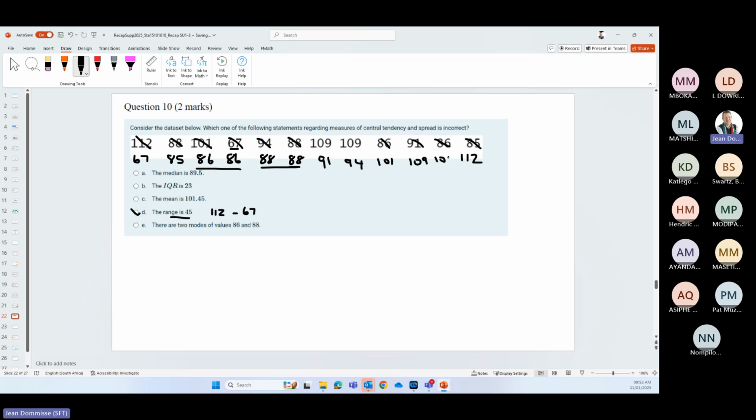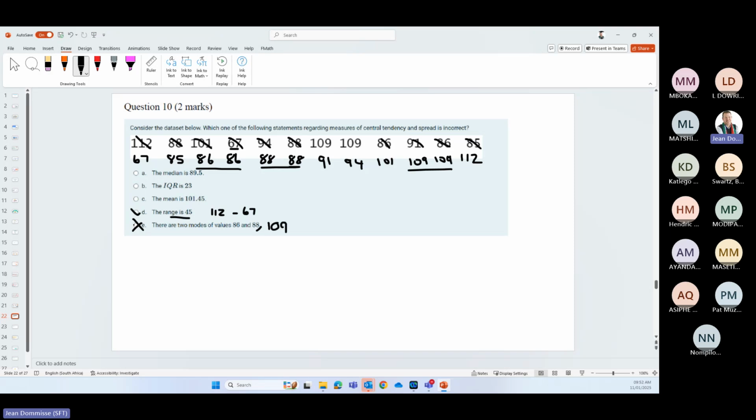So again, mode. In this one, we actually got three modes. There are two modes. Incorrect. There are three. So that is your third mode. So actually, we don't now need to work out the more difficult ones.